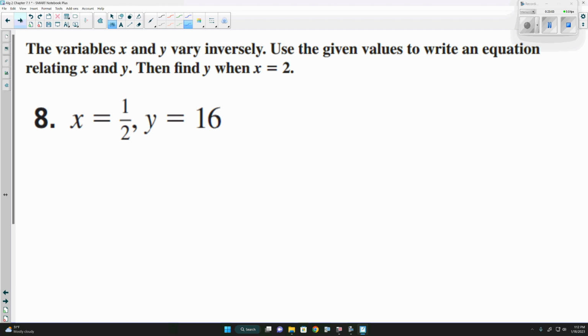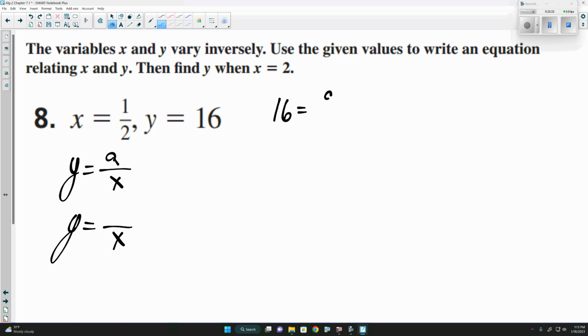Let's look at this one here, mainly because x is a fraction, it's 1/2. Now the process really doesn't change. We're still looking at y is equal to a over x, still needing to try to find the value of a. We can still set it up as 16 is equal to a over 1/2, just like we did before. To get a by itself, we can multiply both sides by what? 1/2.